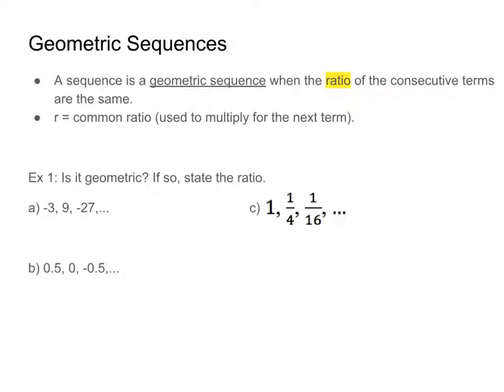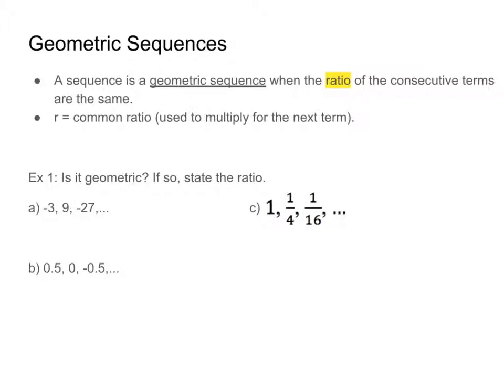But in a geometric sequence, there is this number or ratio that you multiply by to get to the next term. So to figure out if something is geometric, we have to make sure the pattern in the sequence is multiplying by the same number every time, or dividing by the same number every time. So let's take a look at part A here.